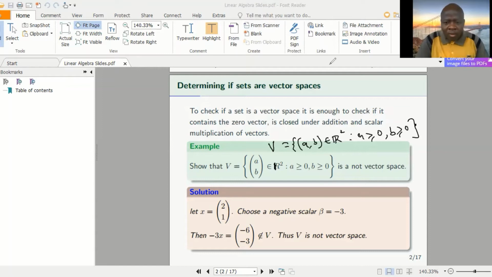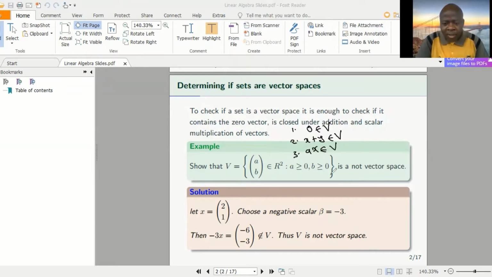Now, how do we answer this question? The question is to show that it is not a vector space. In other words, of the three conditions that we've talked of, one, it must contain a 0; two, if you pick two elements x and y, their sum should be in V; three, if you pick a scalar A and a vector x, their product must be in V. To show that it's a vector space we must show all three.